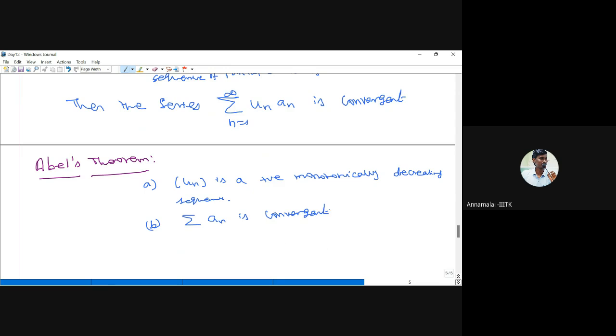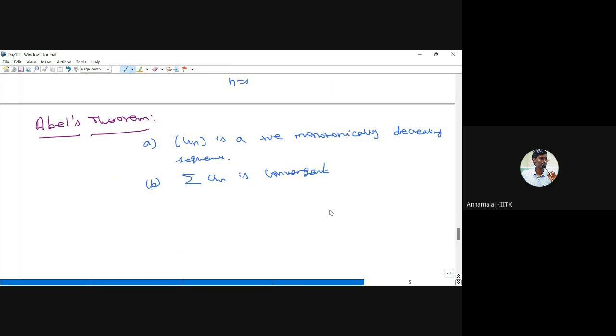If it is convergent, we know that the partial sum is bounded, because every convergent sequence is bounded. Therefore, the partial sum is bounded, and then the product summation u_n a_n is convergent.